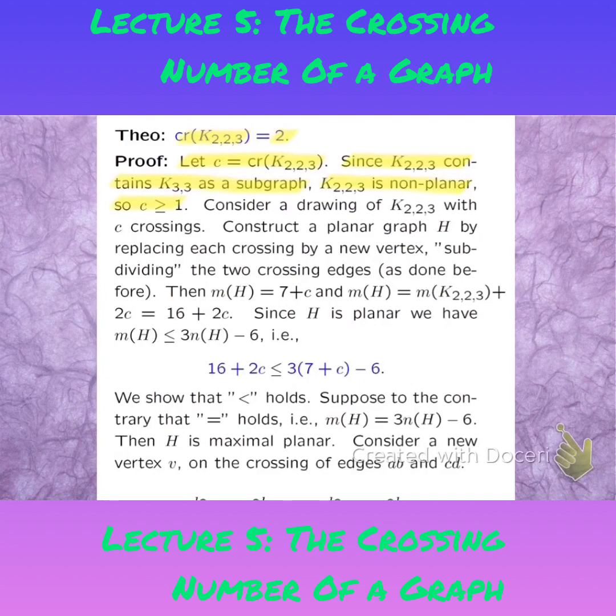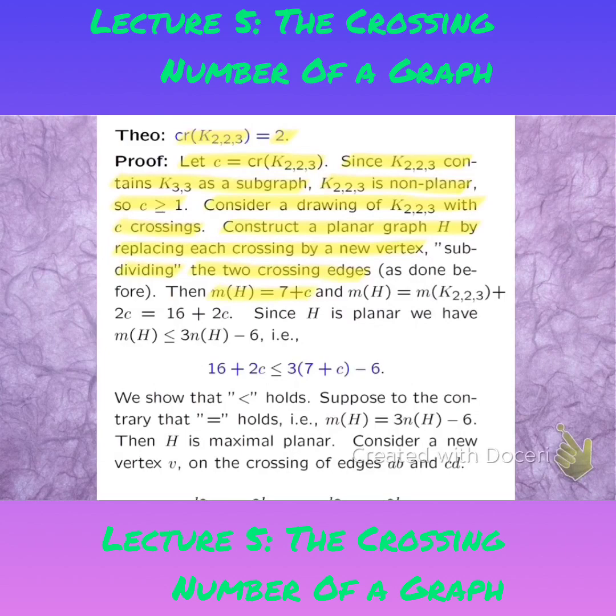Now, what we're going to do is use that other theorem, so that lower bound. So consider a drawing with C crossings, and then we construct a planar graph H by replacing each crossing by a new vertex, essentially subdividing 2 crossing edges. So how many vertices are we adding?